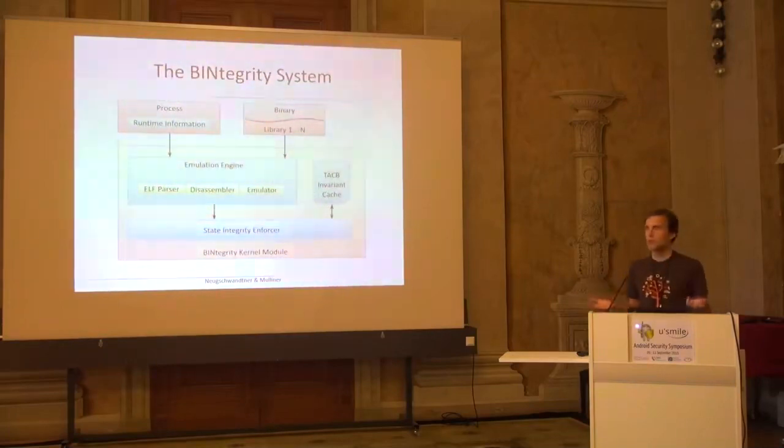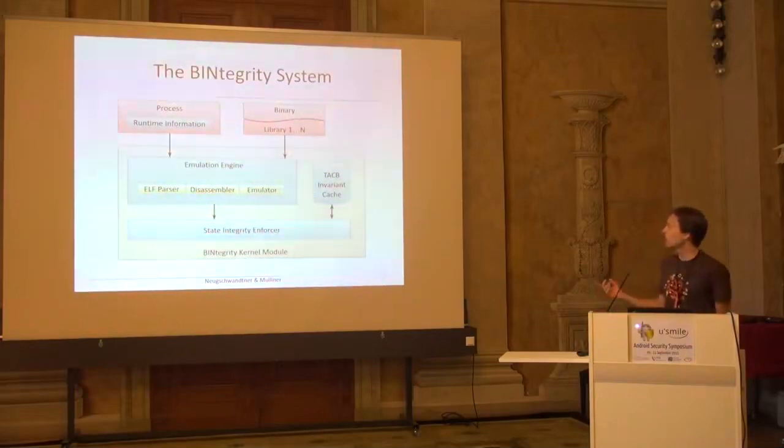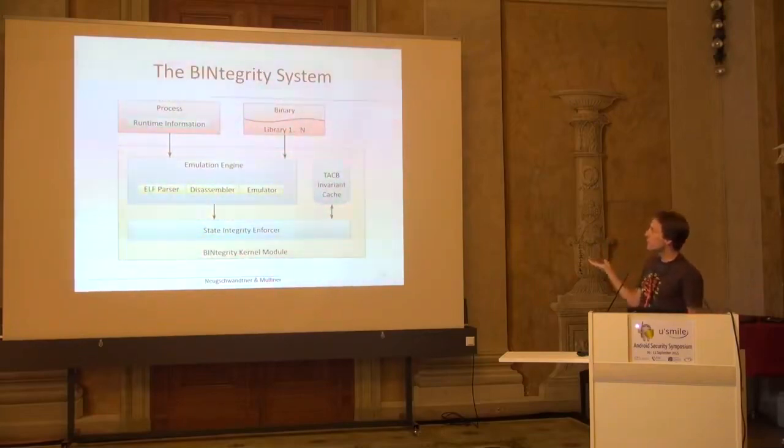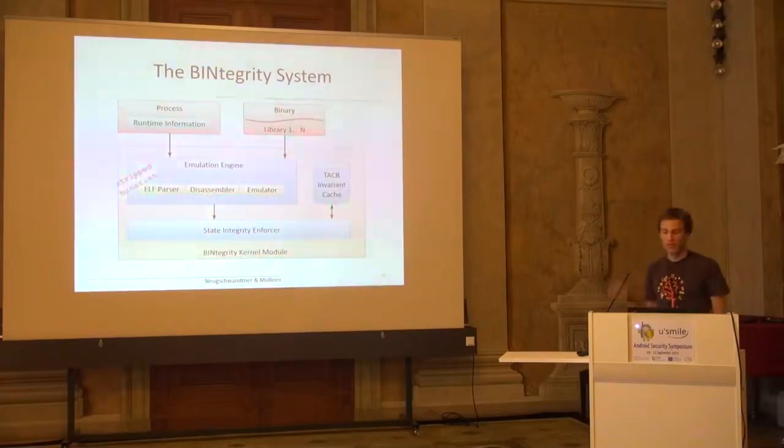So we implemented this whole system as a kernel module, the integrity kernel module for Linux, which consists of a couple of parts. It interacts with both the process to extract the runtime information and with the binaries on the disk. Then we have the emulation engine, which consists of an ELF parser, because we need to parse the binaries on the disk, and that also works with stripped binaries, so this is not a problem.